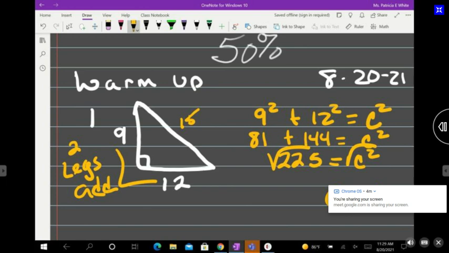No matter what I'm doing on all this, my last step is to find that square root. With 225, you don't want 225. You want to know what number times itself gives me this. And on a lot of our problems today, it's going to be a decimal. It's going to be irrational because we're not going to have nice square numbers, okay?